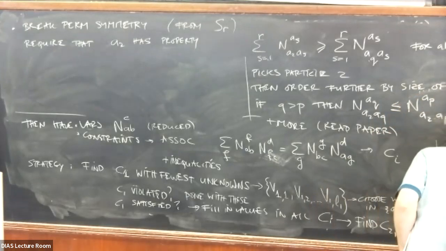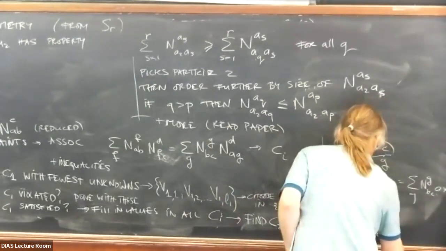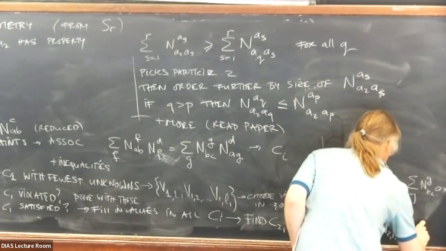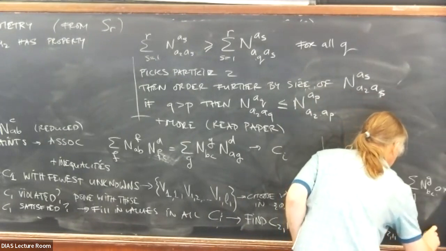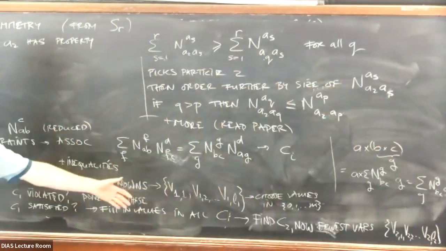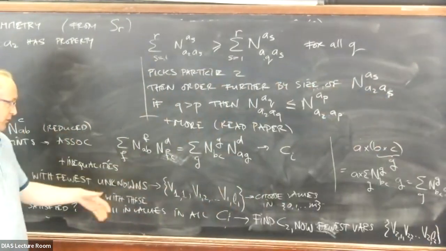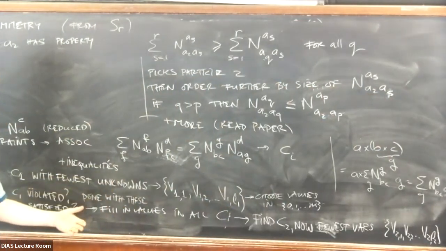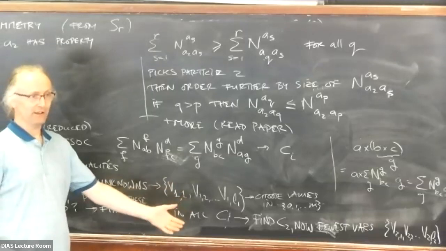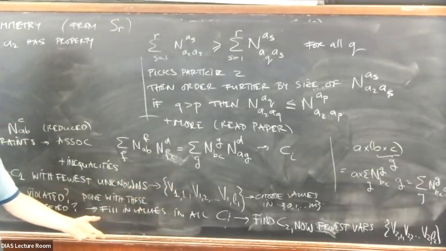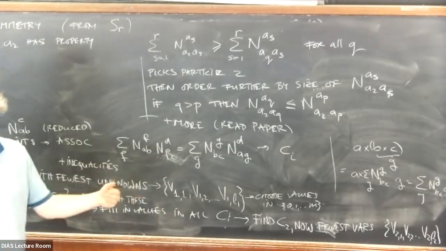And these variables, of course, we might call V2, up to L2. And then we just iterate this. So we fill in those. If it's not satisfied, okay, then we're done with this part of our search tree. If it's satisfied, then we find the next set of constraints, etc., and we keep going. So just a backtracking tree search.